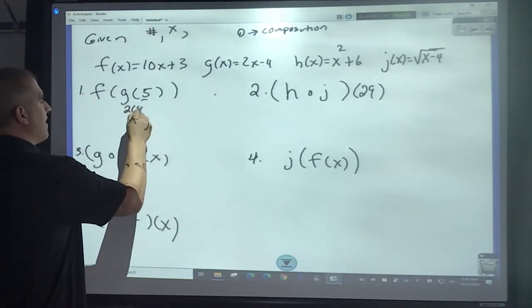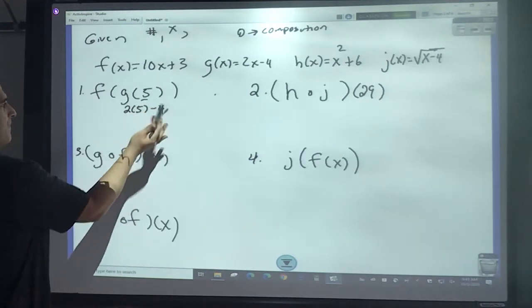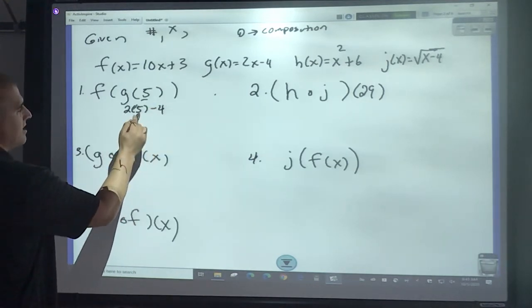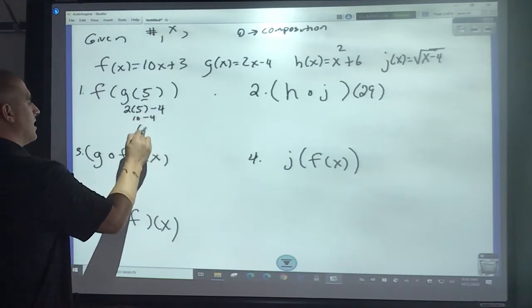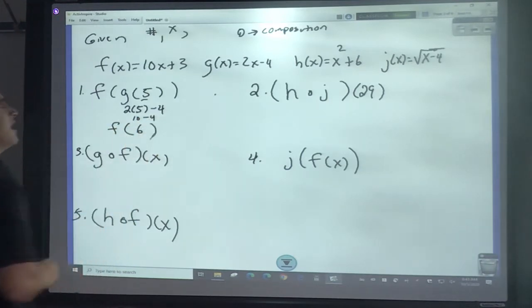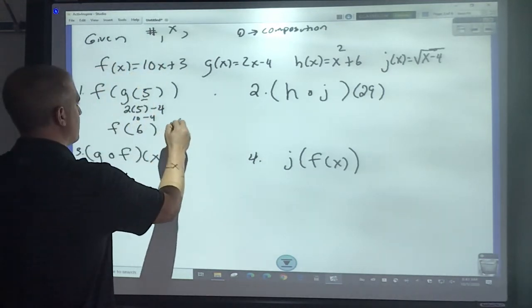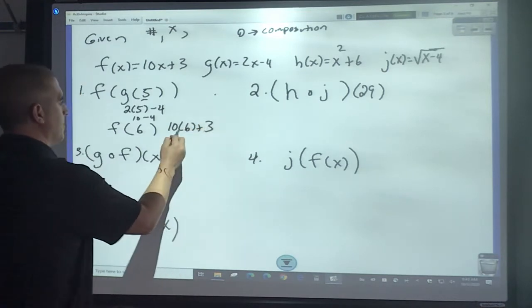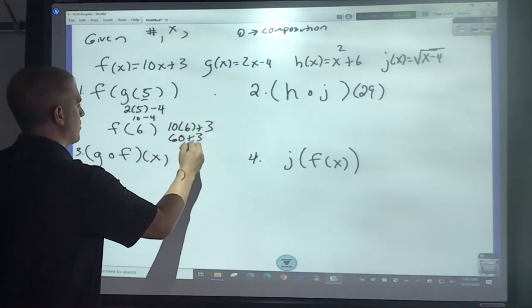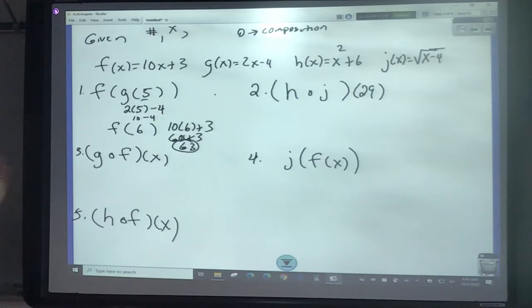So I'm going to put 5 in for x and figure out what that is. 2 times 5 would be 10. 10 minus 4 would be 6. And then I just go ahead and find f of 6. The result there goes into f, so I'd put 6 in. That'd be 60 plus 3, which would be 63. I think that's the easiest way to do it.